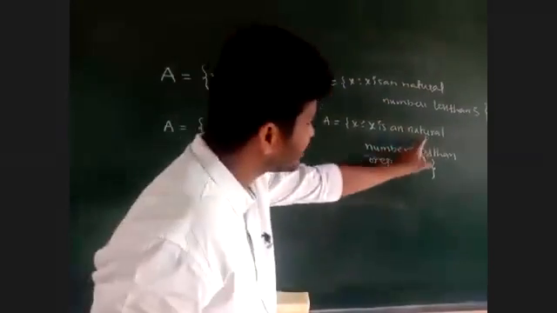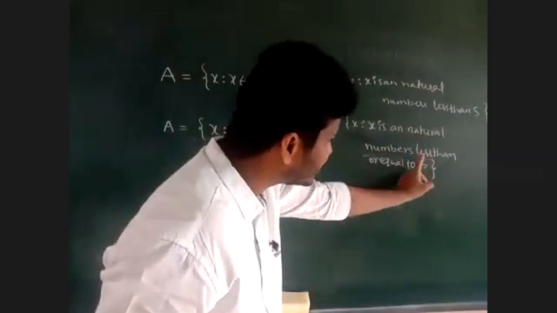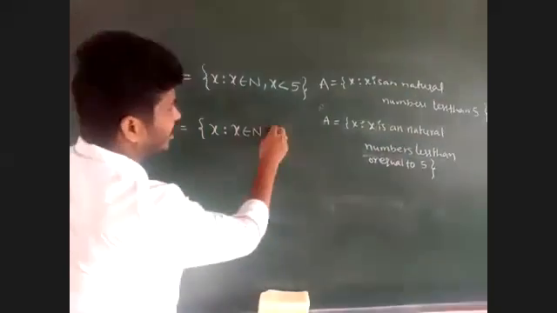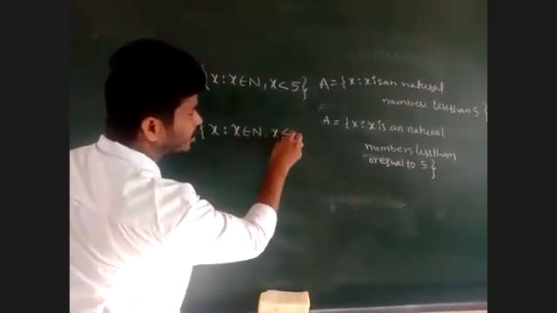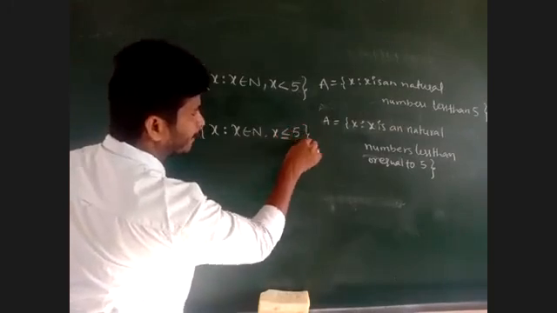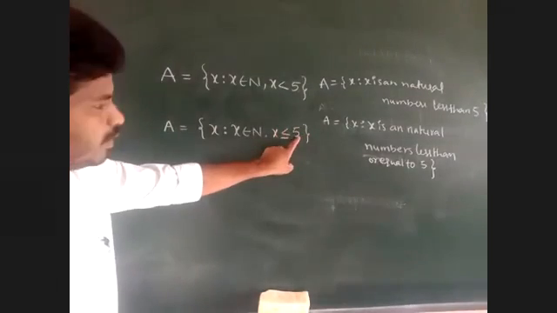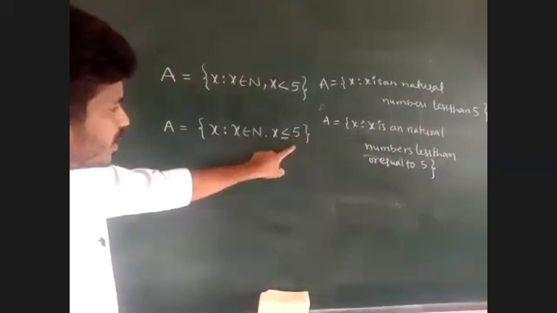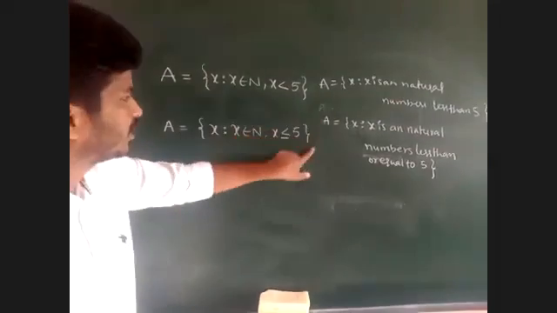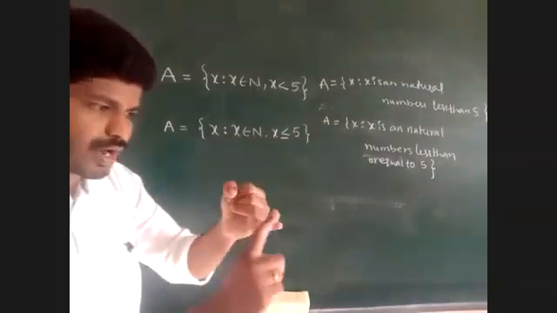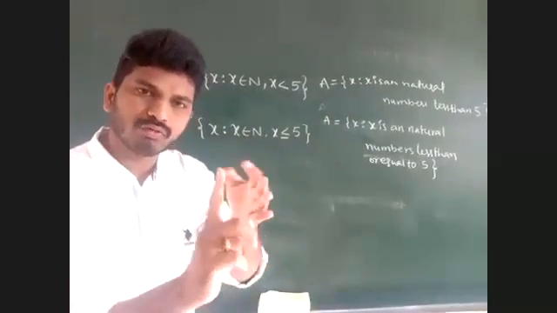Now, those natural numbers are less than or equal to 5, x less than or equal to 5. Then tell me, what is the meaning of this statement? x is a natural number less than or equal to 5 means 1, 2, 3, 4, 5.